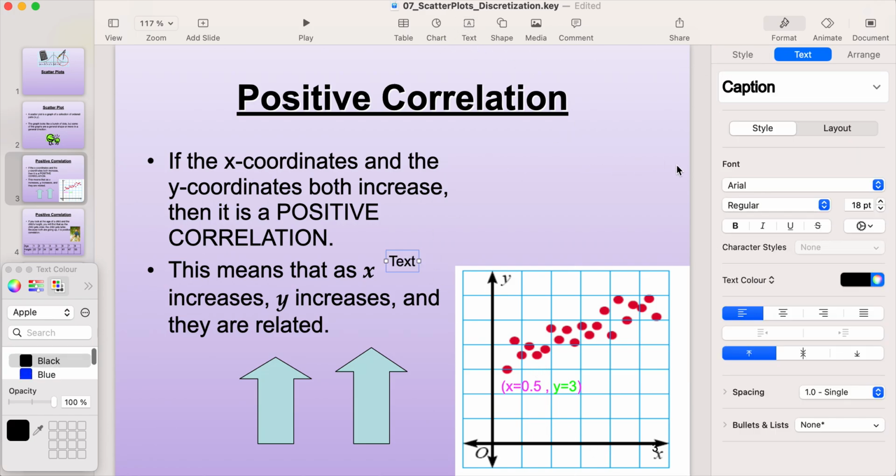So that is how these data points are mapped. Here we have x.